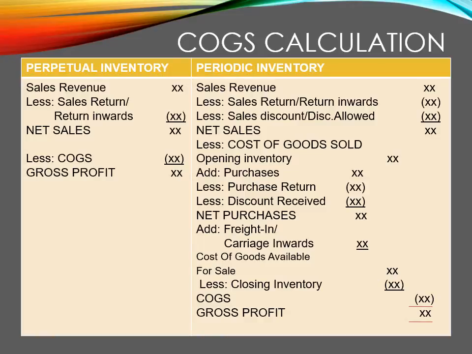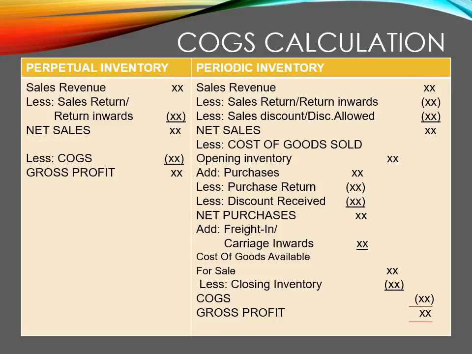If you compare the determination of cost of goods sold, as I explained earlier, the periodic inventory system will determine the cost of goods sold at the end of the year.